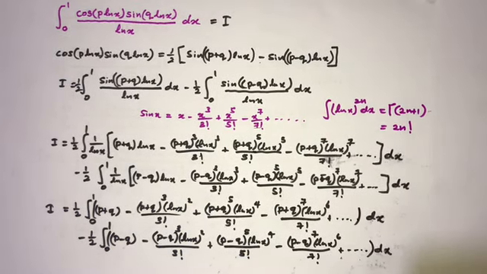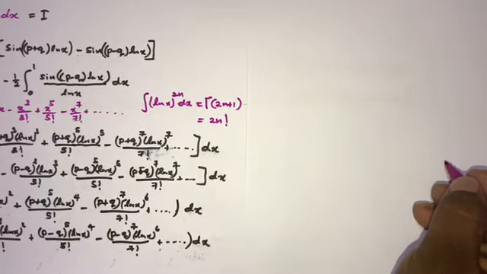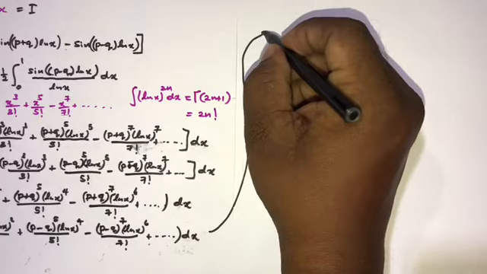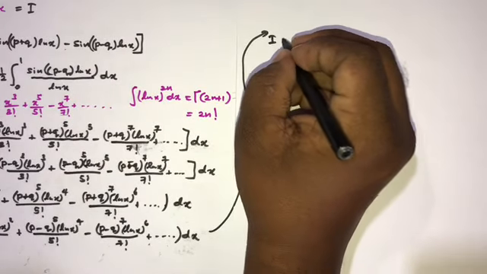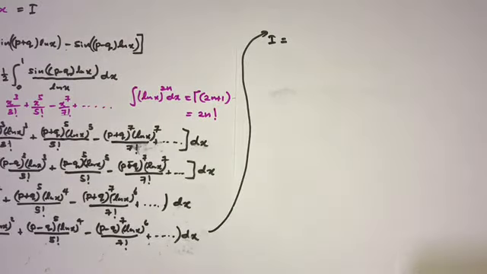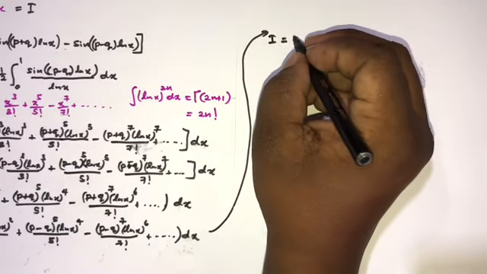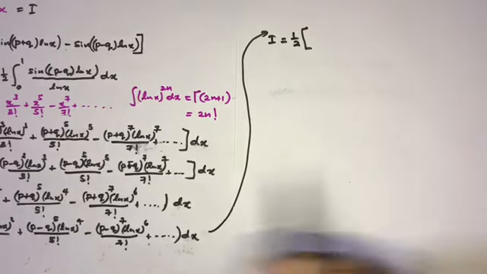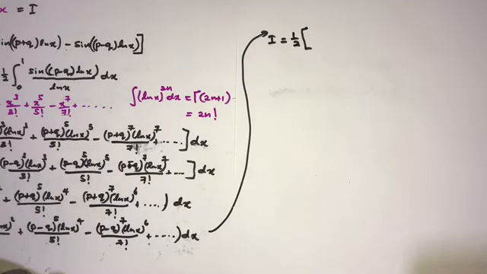Okay, then we can write now I is equal to 1/2 integral from 0 to 1 of (p plus q) dx.